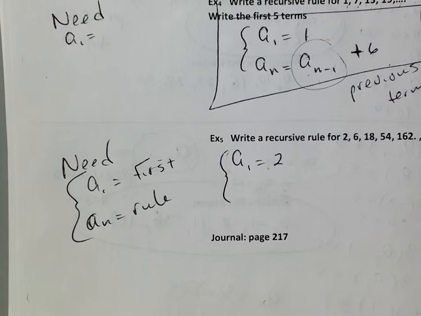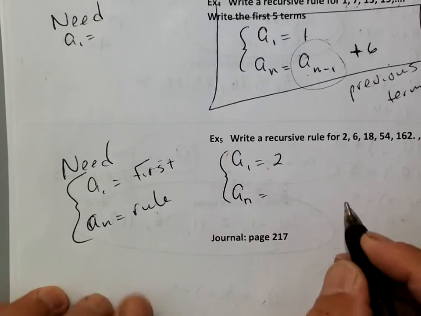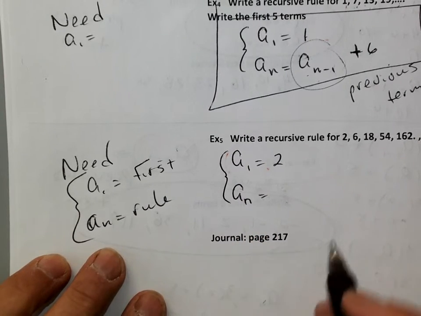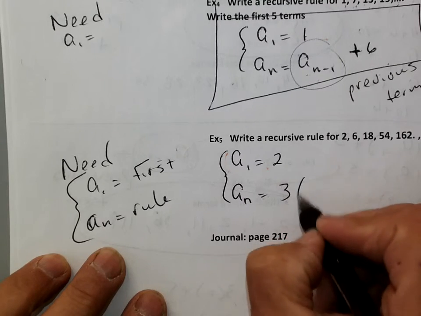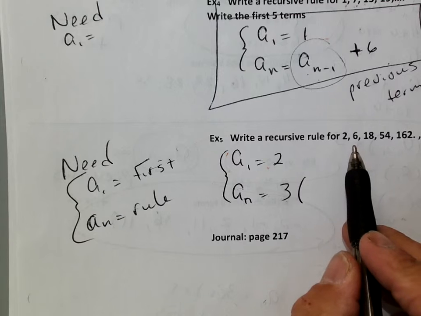A of n equals, so what's going on from here to here to here? Times by 3, all right? That's my rule. So to make any term, we're going to take the previous term and multiply by 3. We're going to take 2 times 3, then 6 times 3.